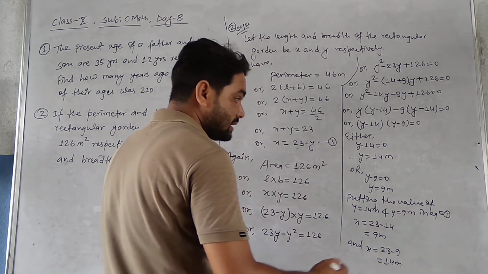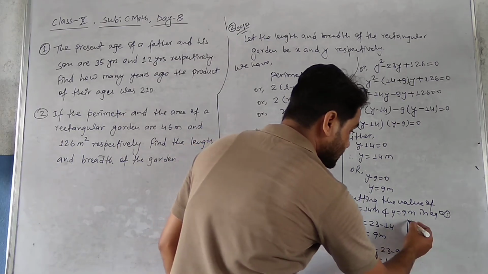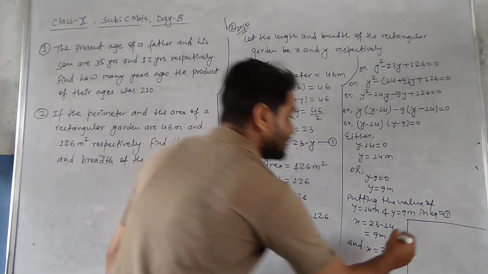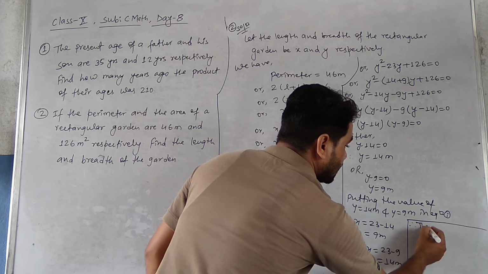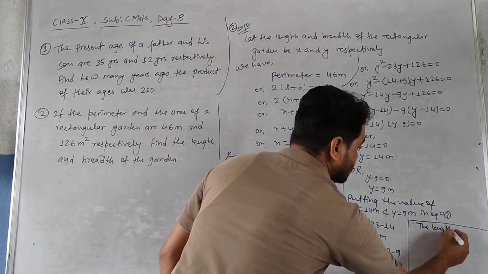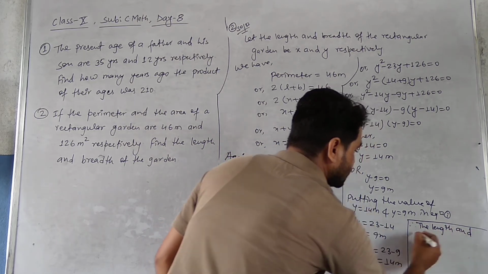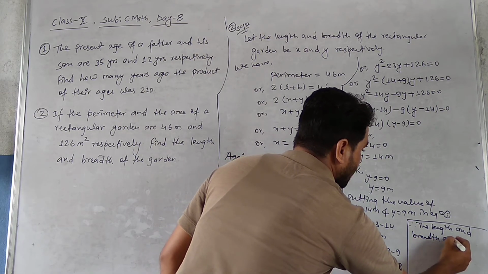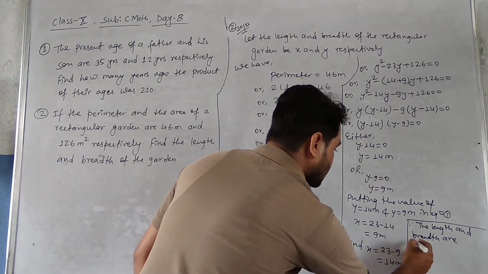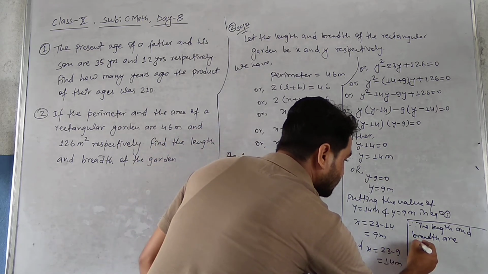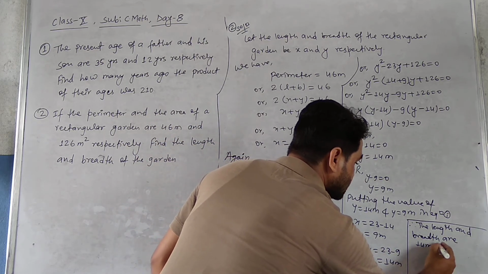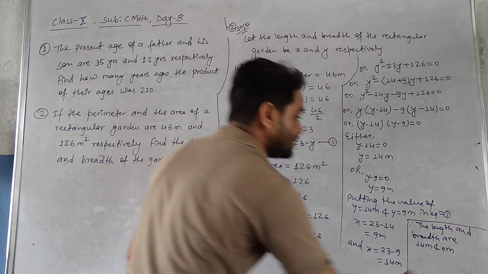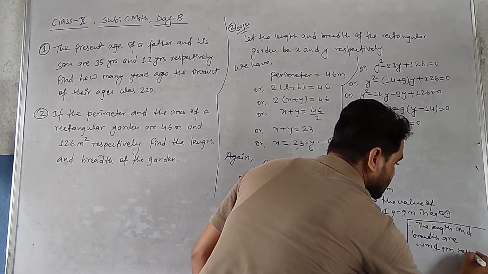And lastly we have to write here like this. Therefore the length and breadth are 14 meter and 9 meter respectively.